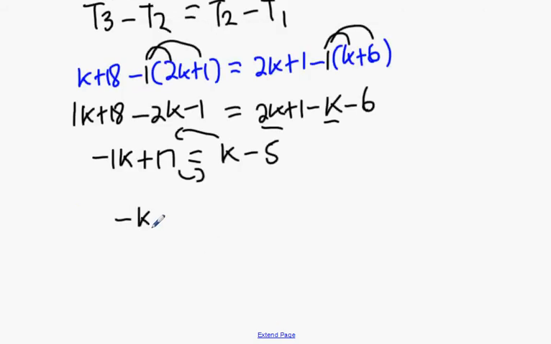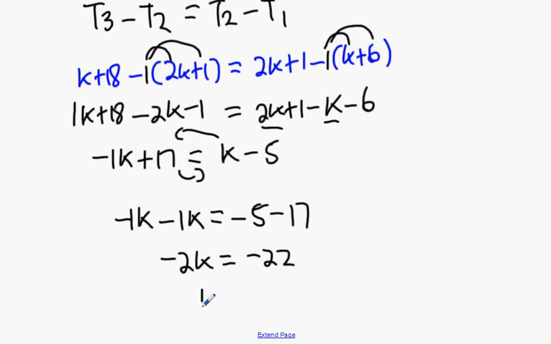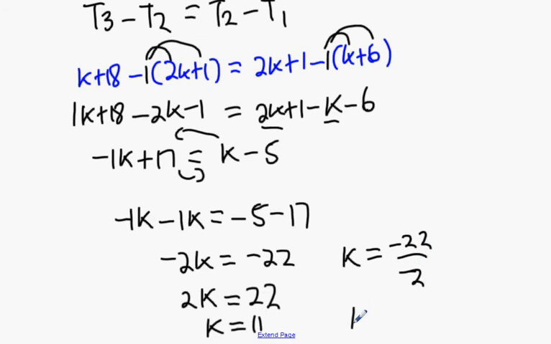We're going to get minus 1k minus another 1k equals minus 5 and then minus 17. Minus 2k equals minus 22. What happens then? You could also multiply both sides by minus 1 and then divide by 2 to get 11. Or the way Sean described it, minus 22 over minus 2 will also get you k equals 11. Same thing.